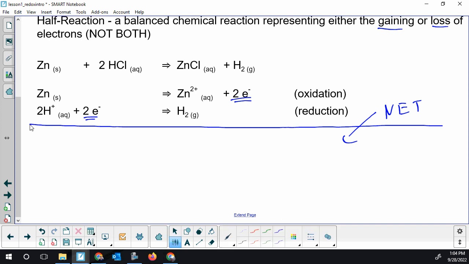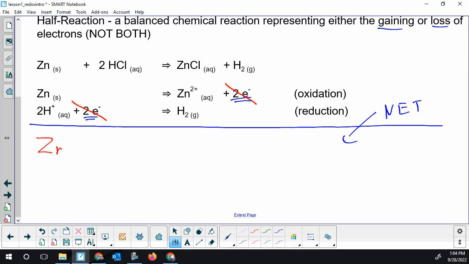If they don't cancel, we're going to get them to cancel by finding the lowest common multiple and scaling both half reactions. This first example, we have 2 being lost, 2 being gained. That balances. When we net it up, they're going to cancel. No need of lowest common multiple.